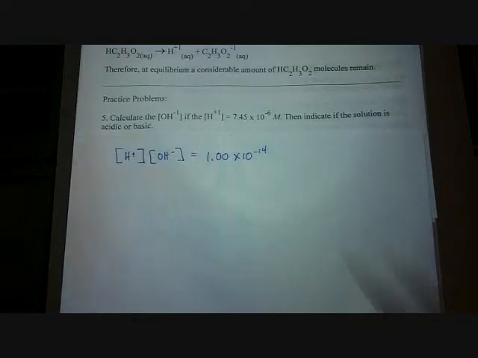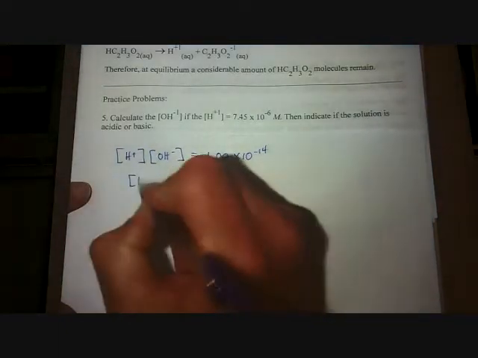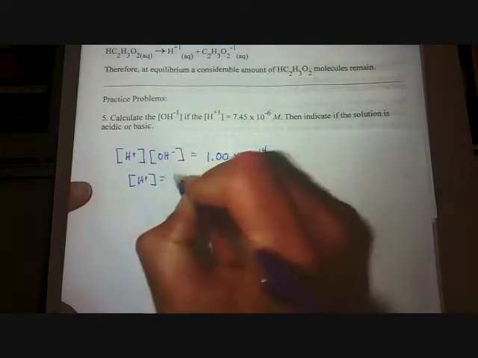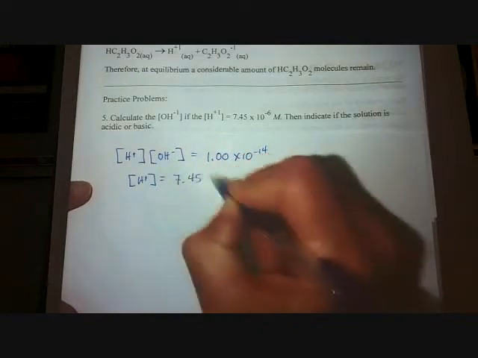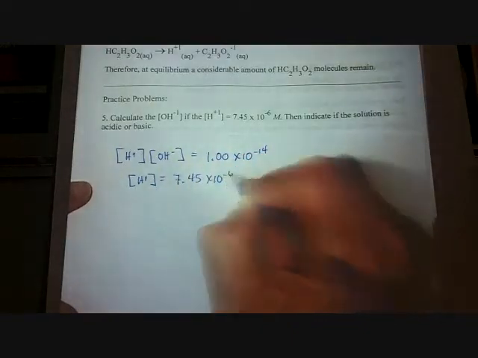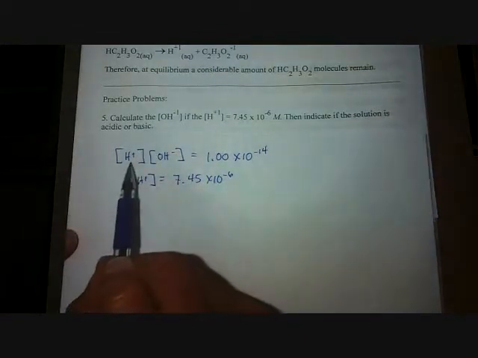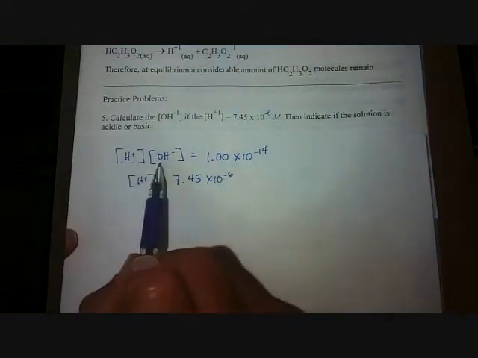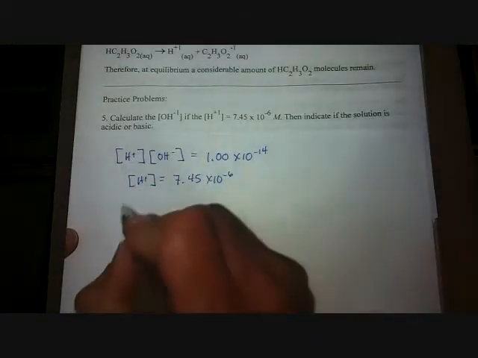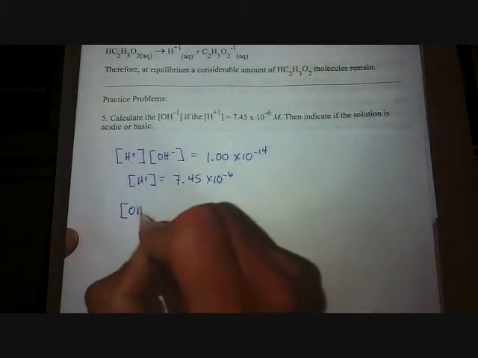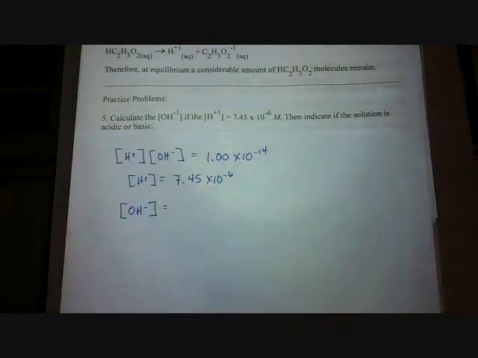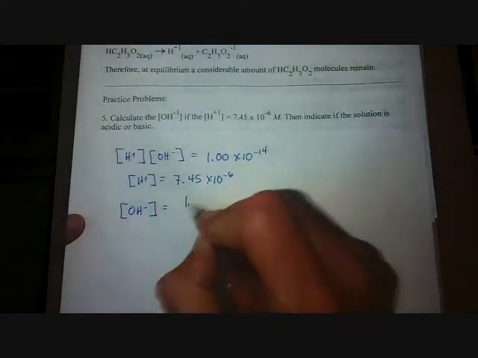To rearrange it, you know that the hydrogen concentration, and again, this is information that you don't have to write down, is given. So if I know the hydrogen and I know the constant, I'm looking for the hydroxide. How would I rearrange it so I solve for the hydroxide? Very nice.